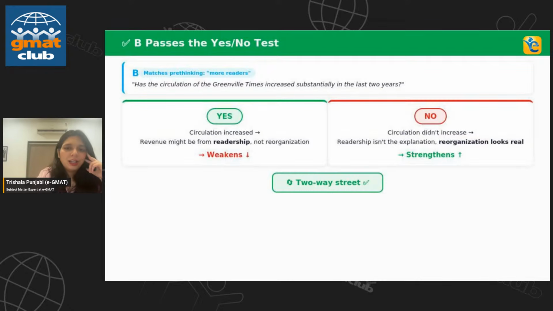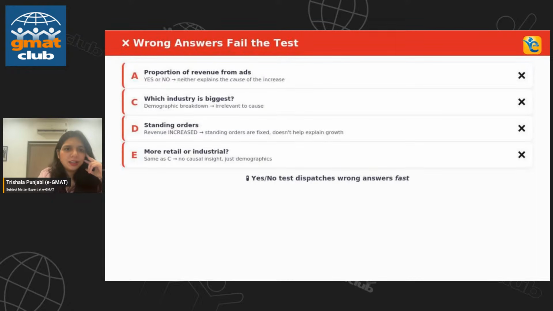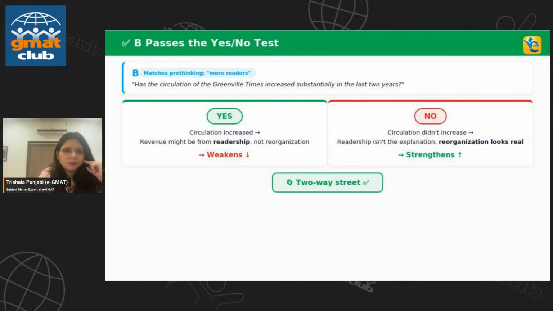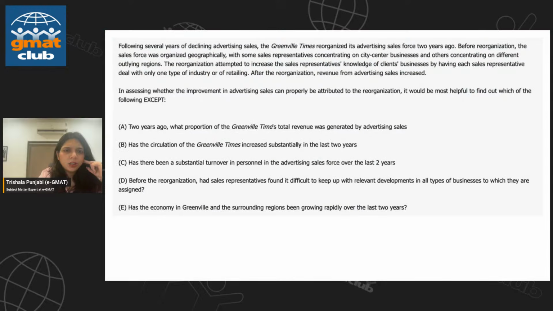Okay. Let me look at the other answer choices. A lot of you guys said D and A. I'm going to look at both of those in detail. What is A saying? A is saying that 2 years ago, what proportion of the Greenville Times total revenue was generated by advertising sales?